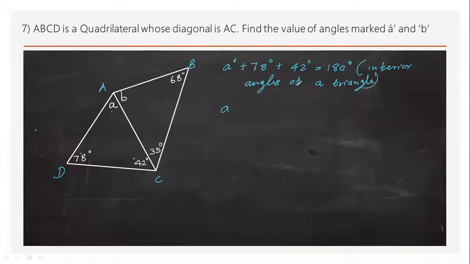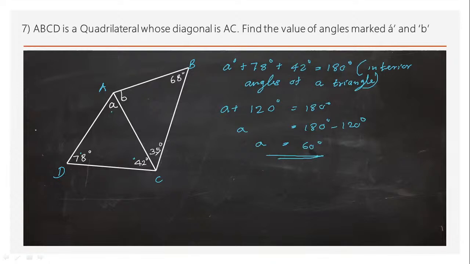A plus 8 and 2 is 10, 1 remainder, 5 and 7 is 12, so 120 equals 180. A equals 180 minus 120. A equals 60. Then A is 60.